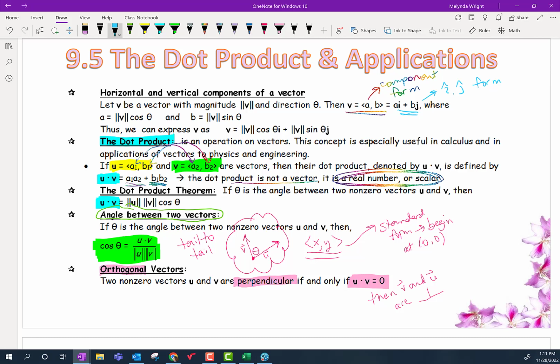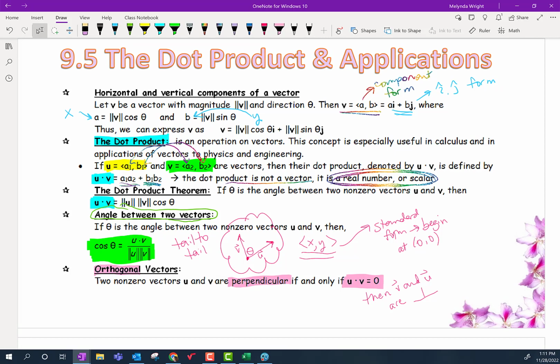So if we want to write a vector in component form or I and J form, there are these handy little formulas which we really don't have to memorize. A is talking about the x component, and B is talking about the y component, but we don't have to memorize those formulas in order to find what the components are.